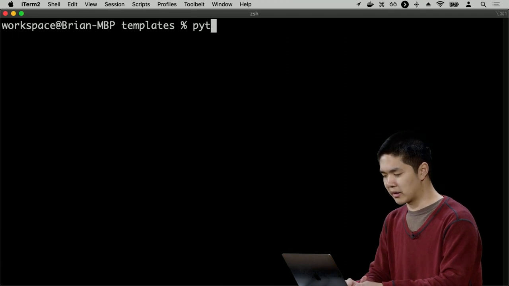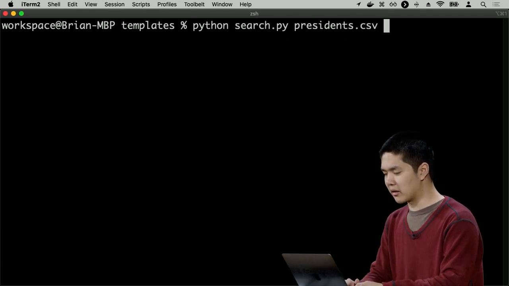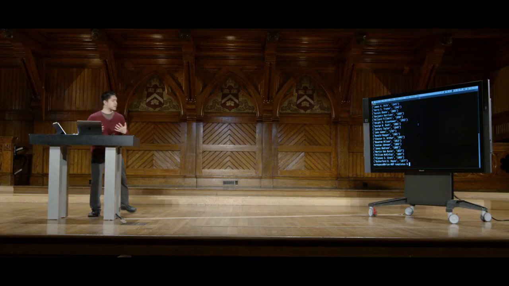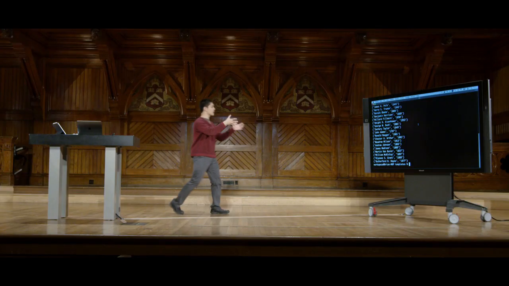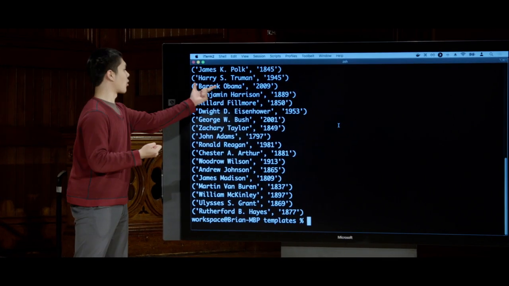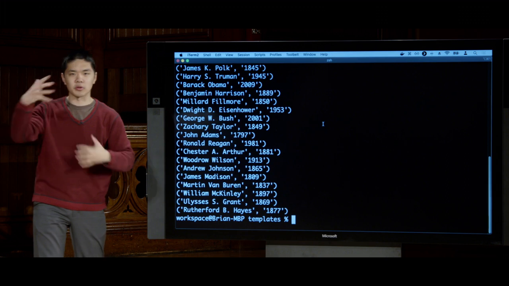So I can say search in presidents.csv, presidents. And what I get is a whole bunch of data about presidents and what year they were likely inaugurated in, by looking for patterns that matched Barack Obama 2009, for example, looking for these sorts of patterns that happen to give us some clues as to what it is that a story happens to be about.